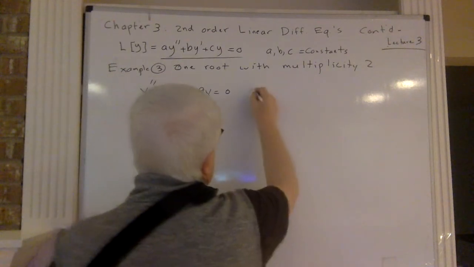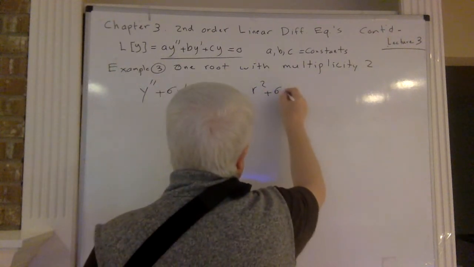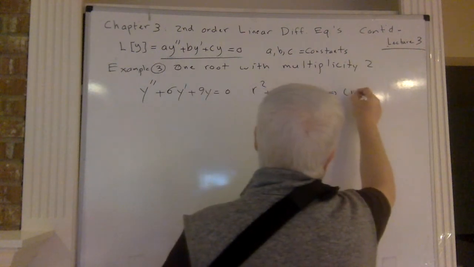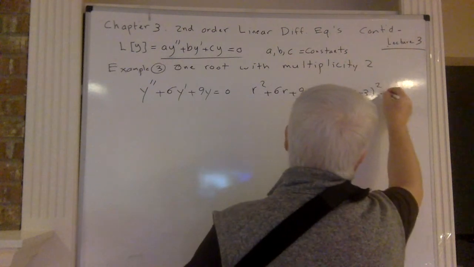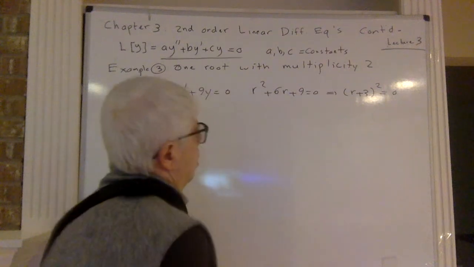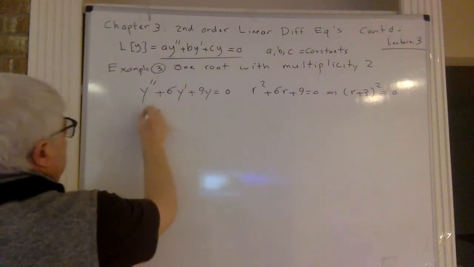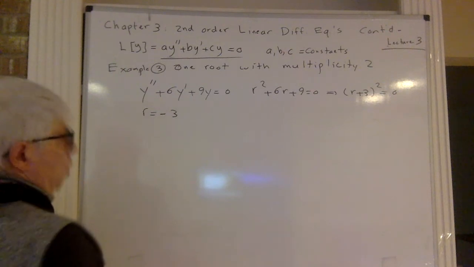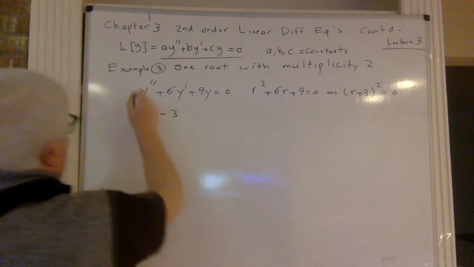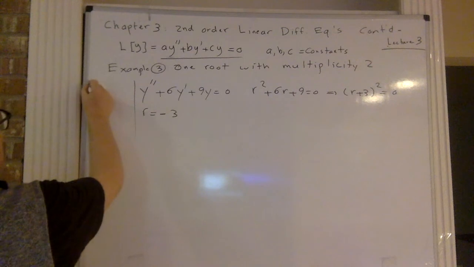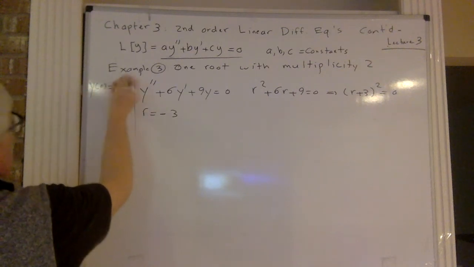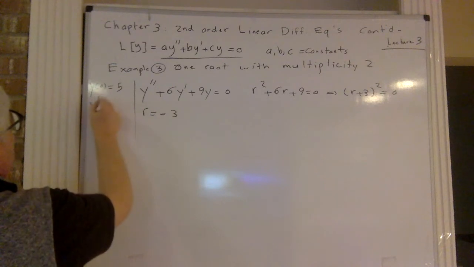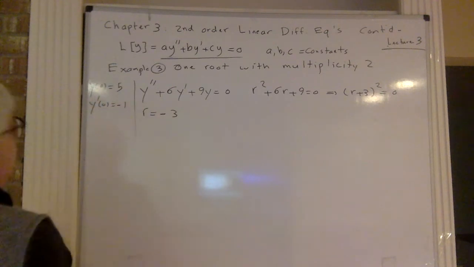So I have r squared plus 6r plus 9 is 0, and that is (r plus 3) squared is 0. So r is minus 3. Well, let's assume some initial conditions here. So let's assume that y at 0 is say 5, and y prime at 0 is negative 1, something like that.